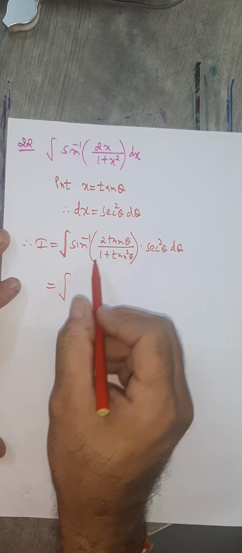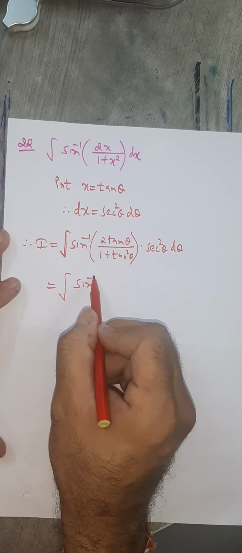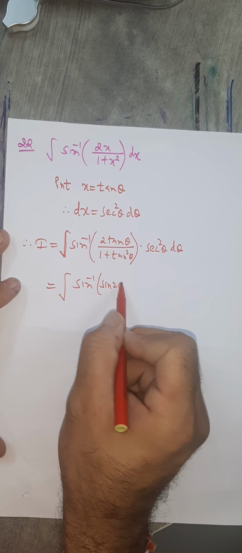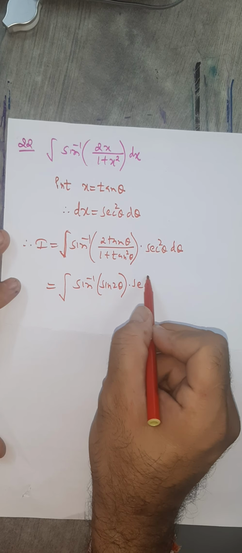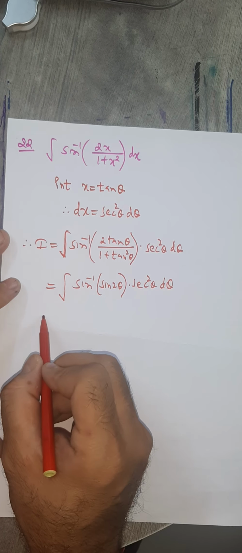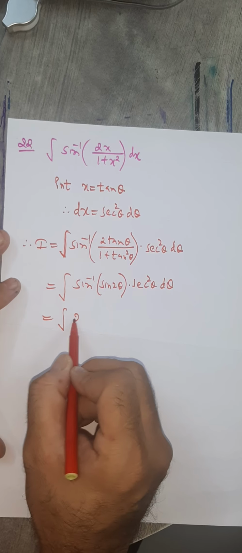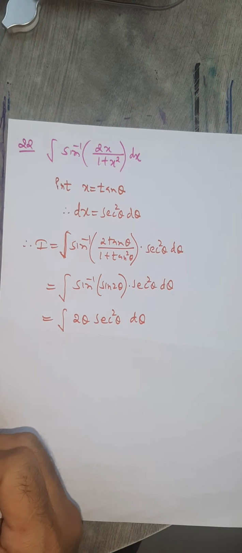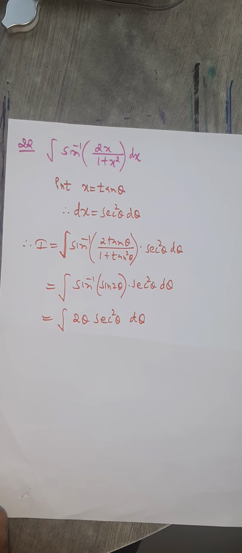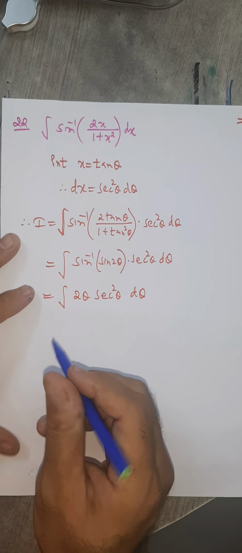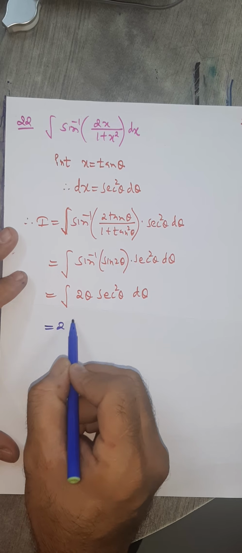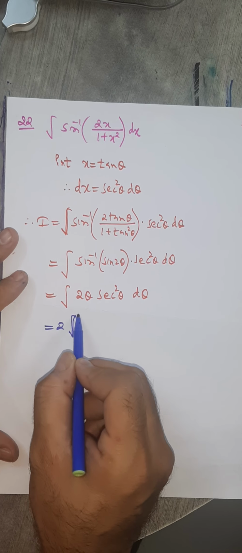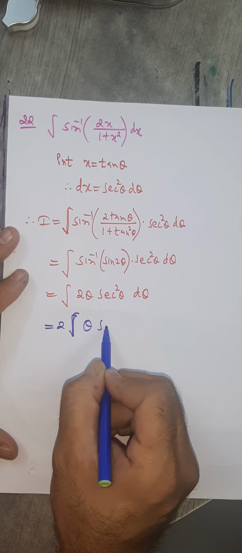So this is simply here sine inverse of sine 2 theta, you know this, into sec square theta d theta. So we are getting 2 theta into sec square theta d theta. Now this is one of the earlier questions. Keep 2 outside and use integration by parts. So I'm keeping 2 outside. This is theta sec square theta.